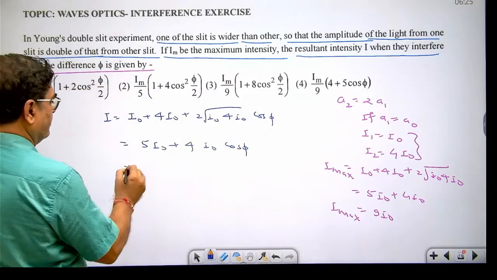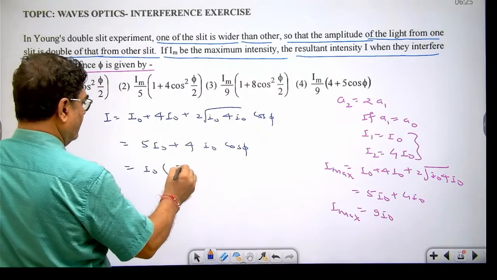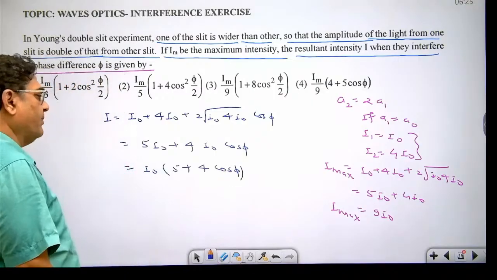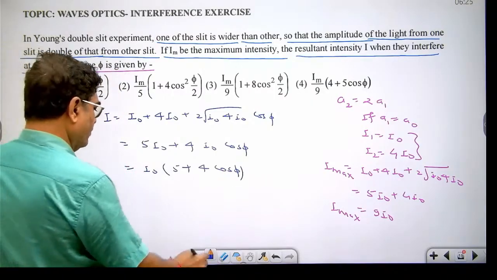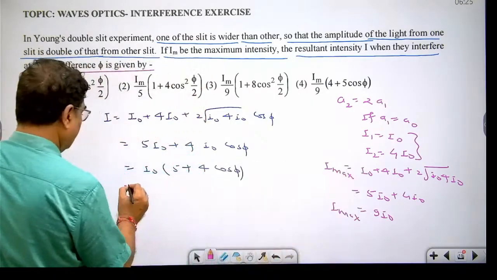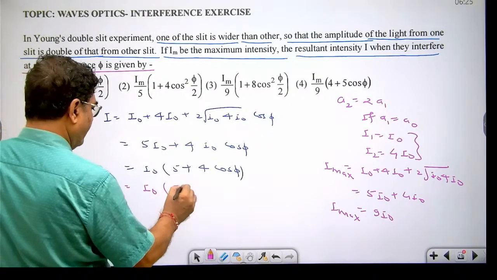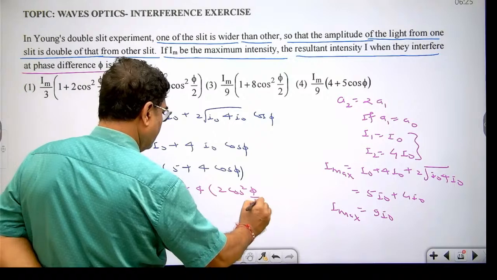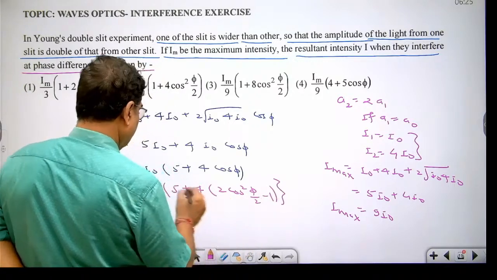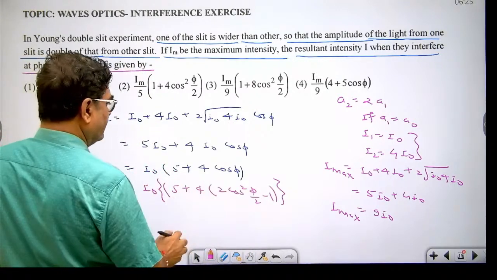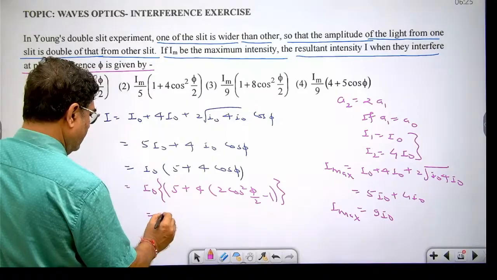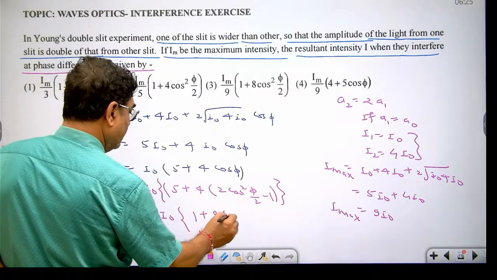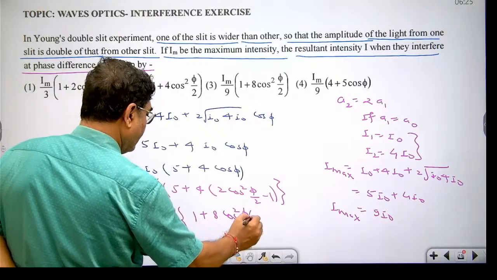This is I node (5 plus 4 cos phi). Now in place of cos phi, we will write 2 cos square phi by 2 minus 1. So we will get I node (5 plus 4 (2 cos square phi by 2 minus 1)). So this is 8 and this is minus 4. So this is I node (1 plus 8 cos square phi by 2).